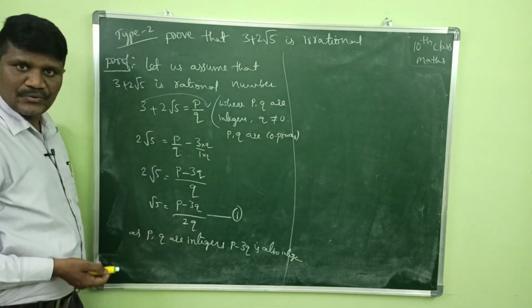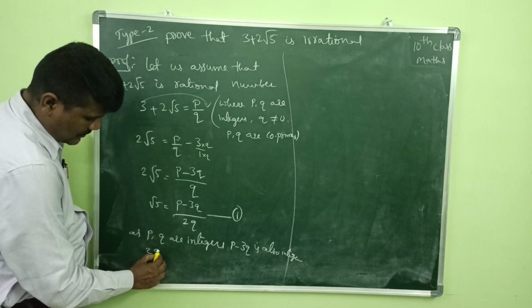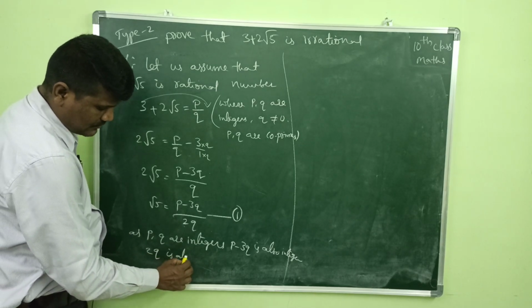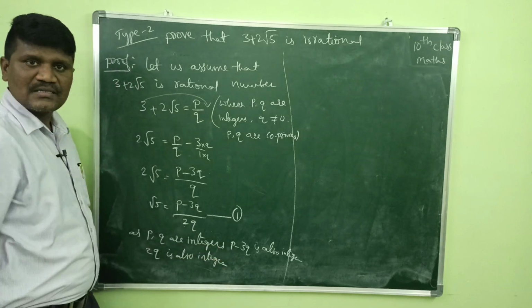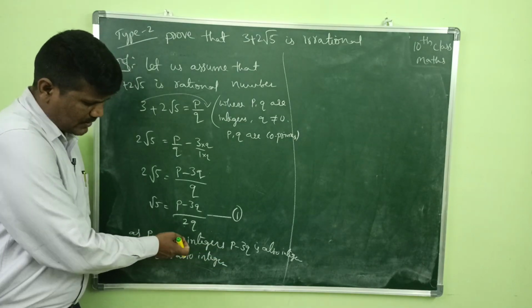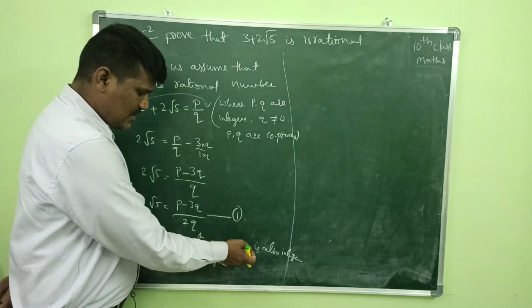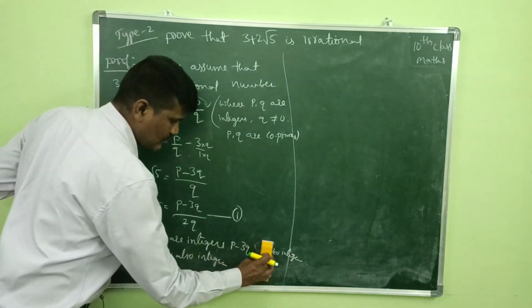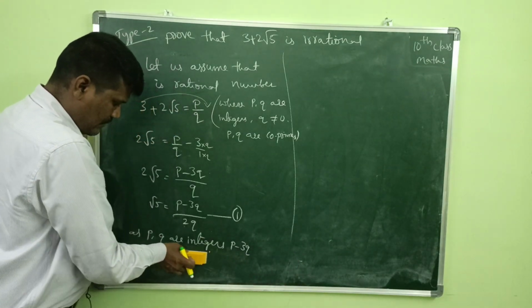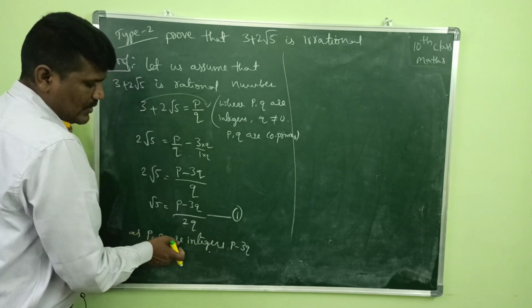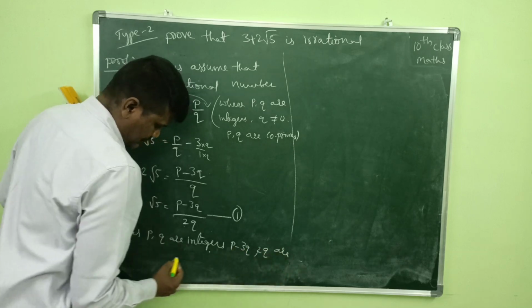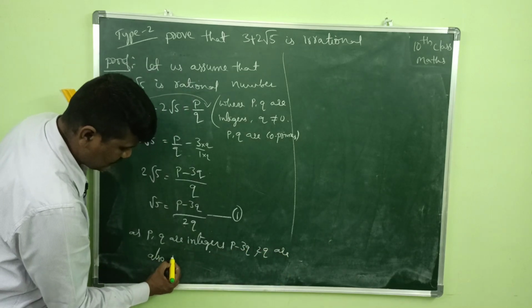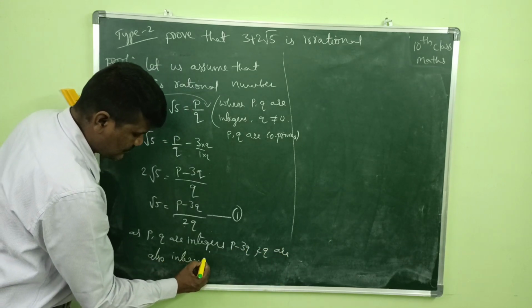Now anyway 2q is also an integer, or else directly you can write as p comma q are integers, p minus 3q comma 2q are also integers.